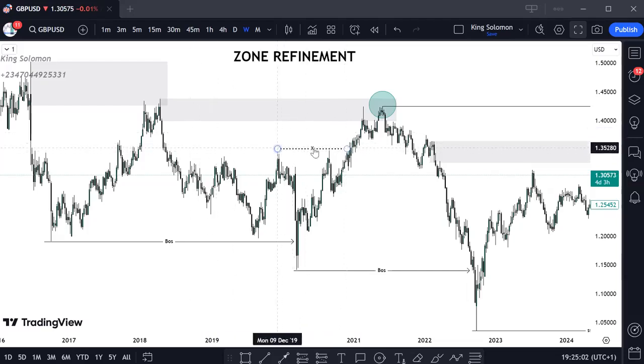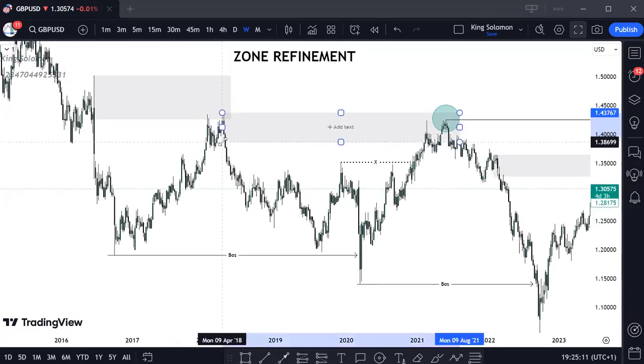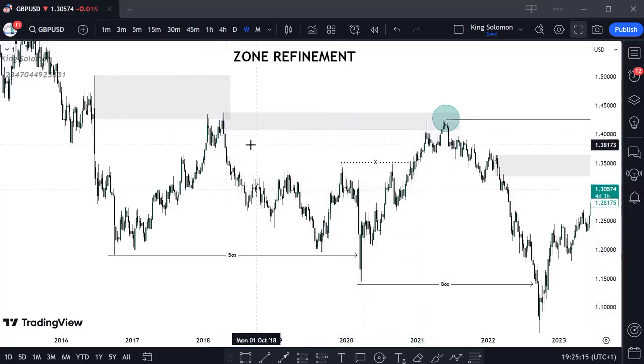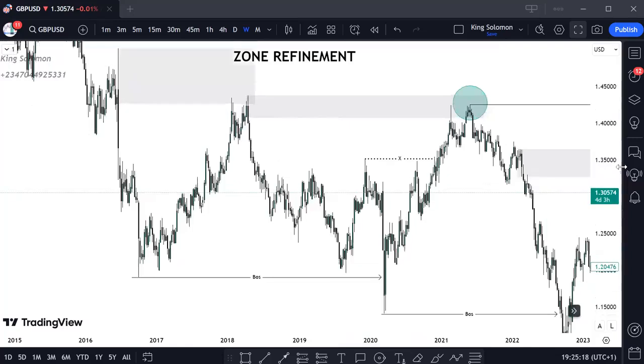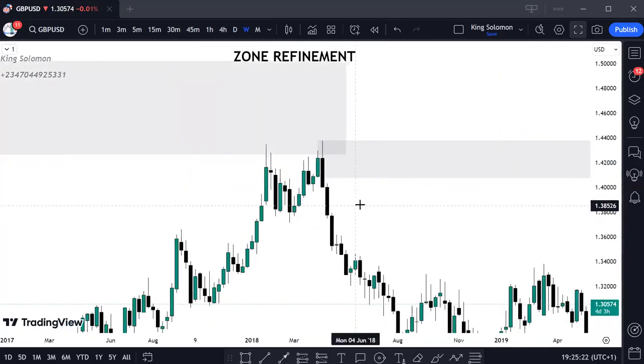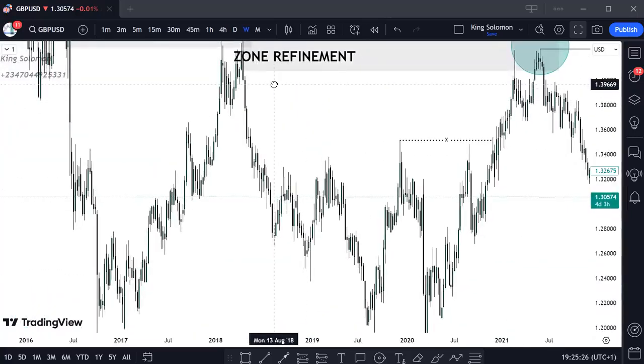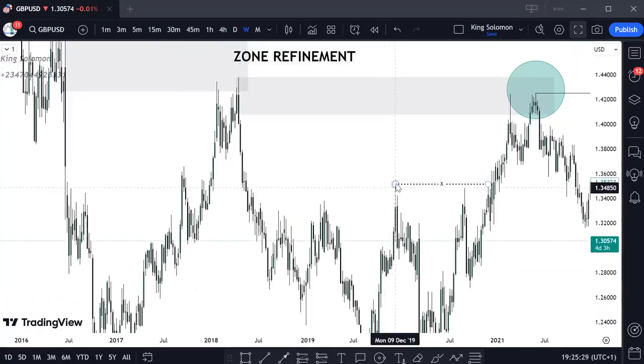So since you've marked your inducement clear, marked your time frame clear as well, right? Now looking at this, let's mark the correct time frame together. We want to ask ourselves, because this is the extreme zone, after this inducement, can you see any POI, correct supply zone around there?